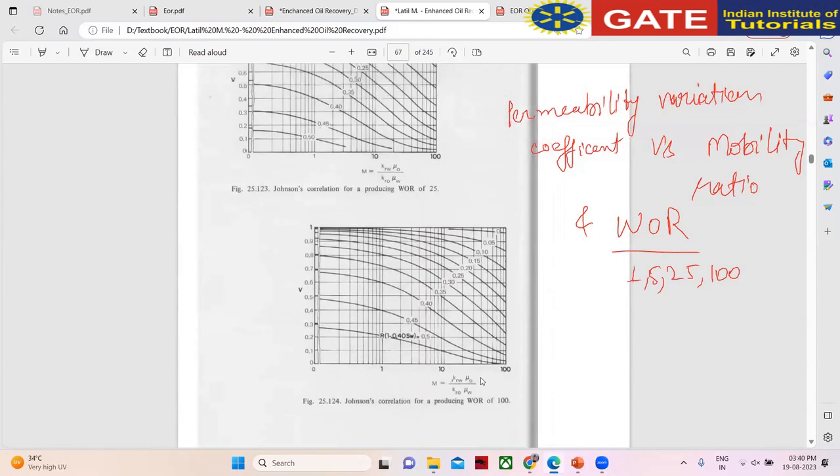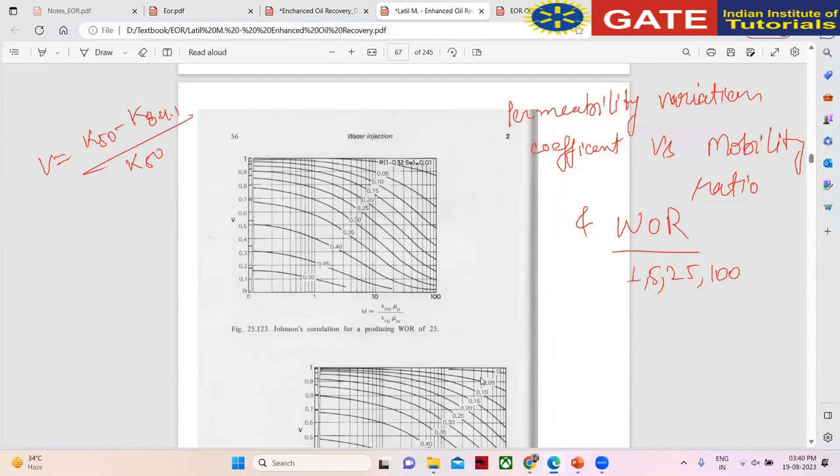You calculate V from K50 minus K84.1 divided by K50 using that formula. And we have the mobility ratio formula, KRW by KRO times mu O by mu W, to calculate the permeability variation coefficient and mobility ratio.